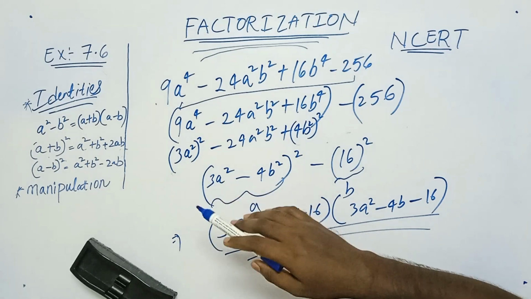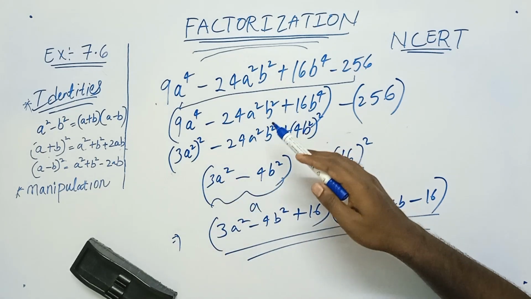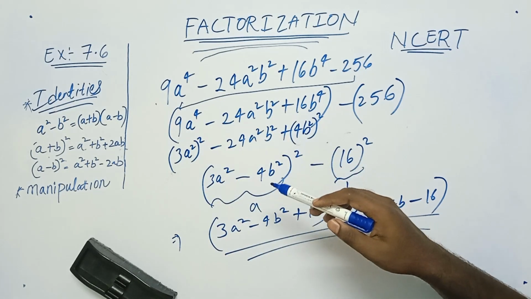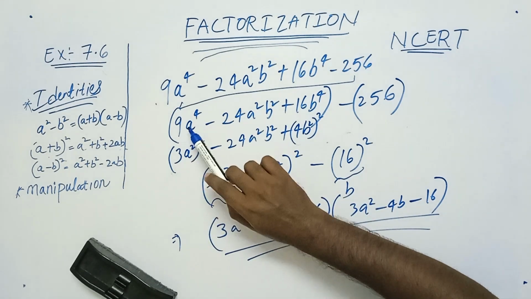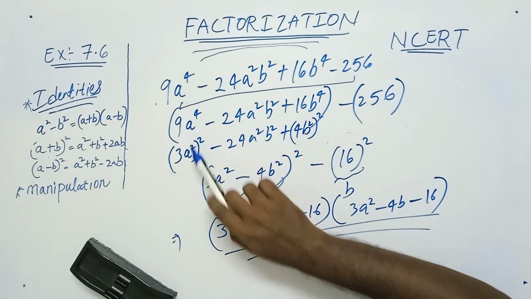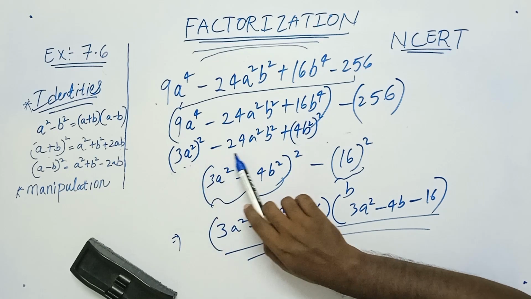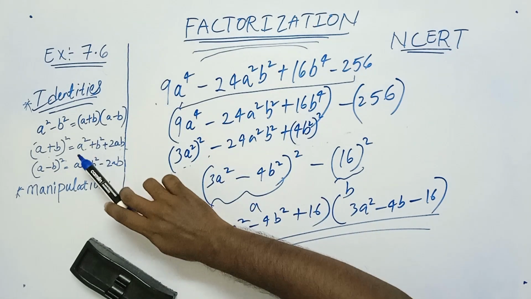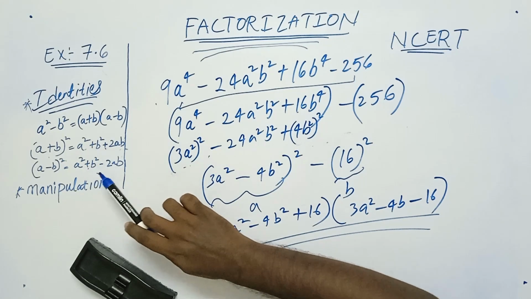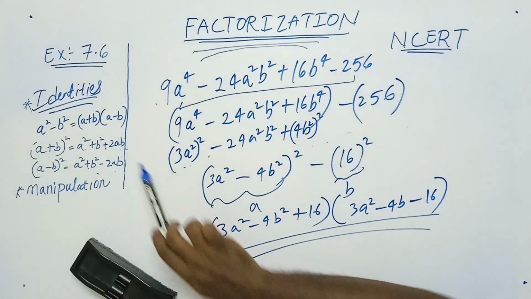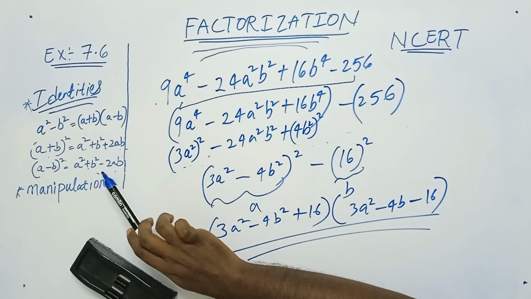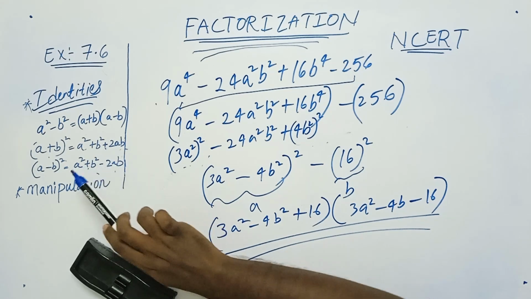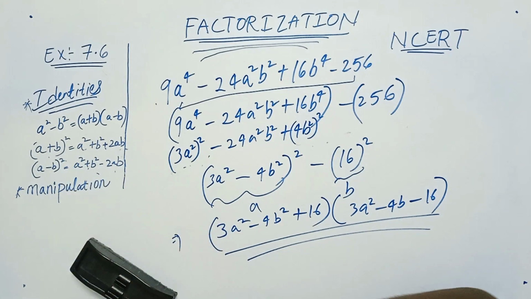That means we are trying to find out whether these values resemble identities or not. We made a few of the terms into an exponential form, and we got a value that is equal to our identity, a square plus b square minus 2ab. When the value equals a square plus b square minus 2ab, we make this equal to a minus b whole square.